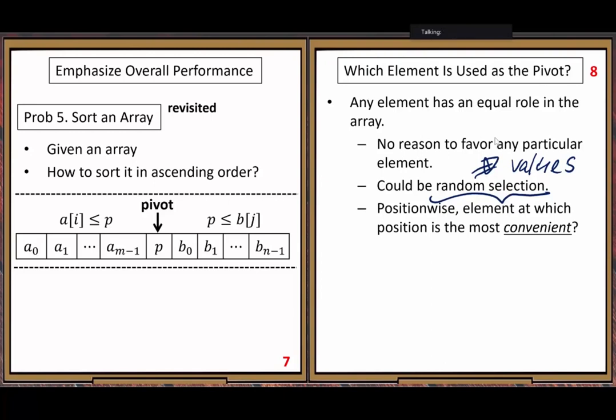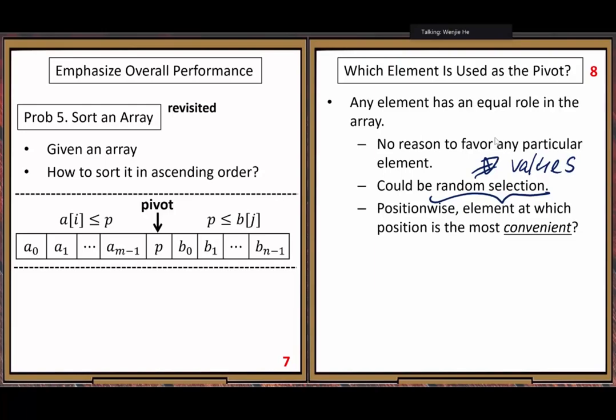Position-wise, they are different. Some elements have more convenient positions than other elements. So we want to pick the most convenient position for the pivot element.